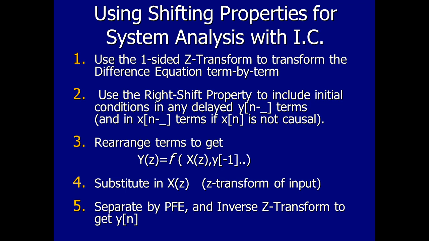The only thing left is the minus 1/2 y to the minus 1, which comes over to the other side. Which we happen to know that was 10. So that 1/2 of that's going to be 5. So Y of z is just 5 over 1 minus 1/2 z to the minus 1, which is the same as 5z over z minus a half.